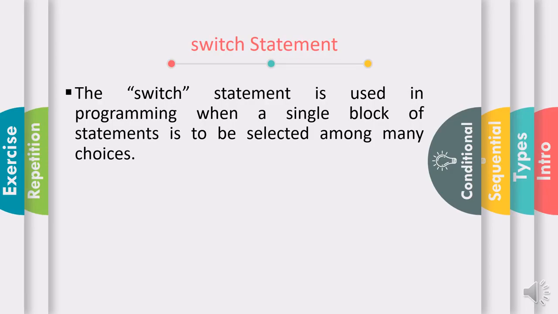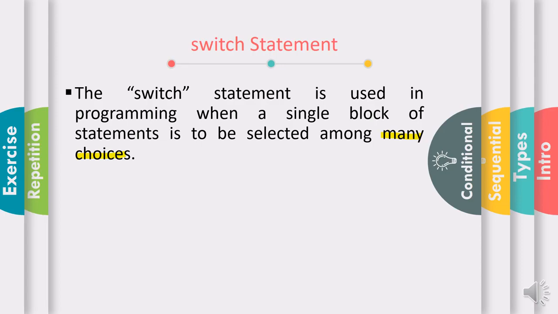The switch statement is used in programming when a single block of statements is to be selected among many choices. It means that we have more than two choices. To implement more than two choices, we use the switch statement. Switch statement has its own specific syntax and its own purpose.